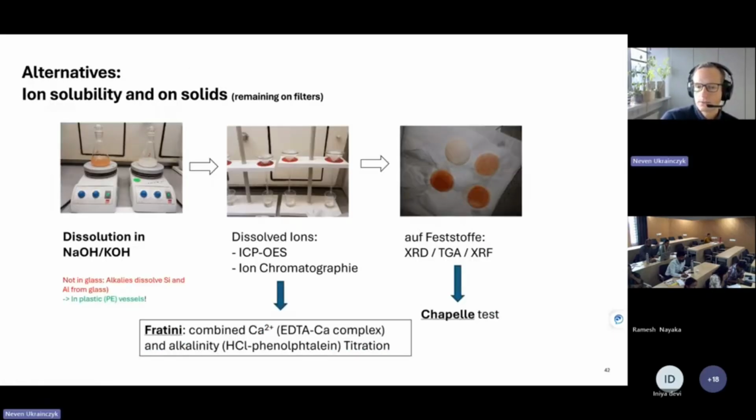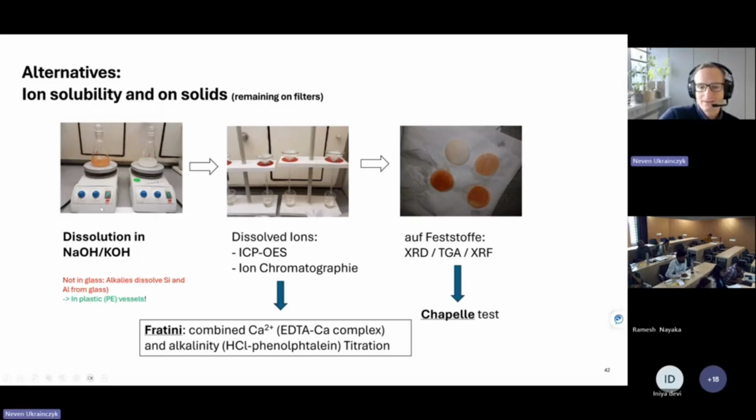Okay, so just be careful when you use this kind of test. Don't use glass at high pH. You should use plastic, because the glass is also dissolving the silicates. So you should always use plastic, but then don't heat it.